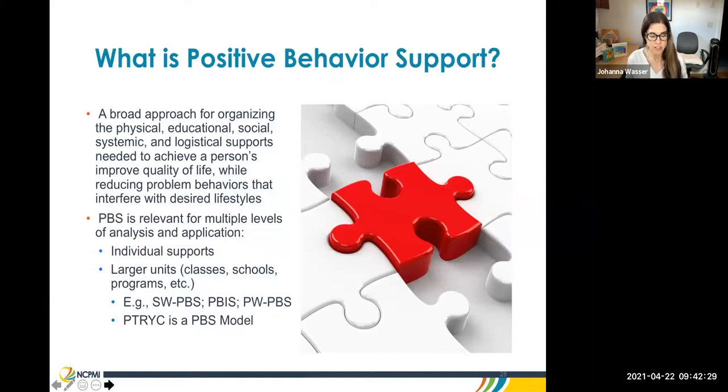So we changed it, or I didn't change it, but they changed it to positive behavior intervention supports. So with this said, we're really looking at replacing the challenging behavior with a positive behavior. So what is the child in need of learning in order to get their needs met, to honor that function of behavior?